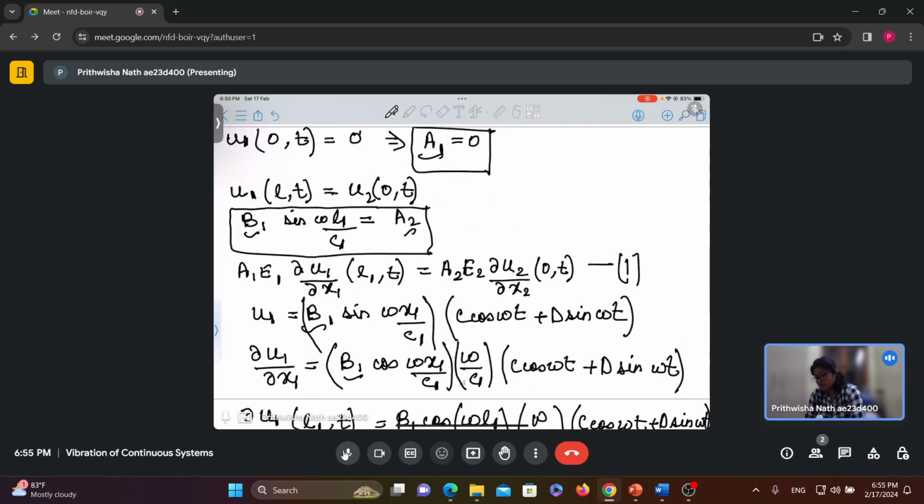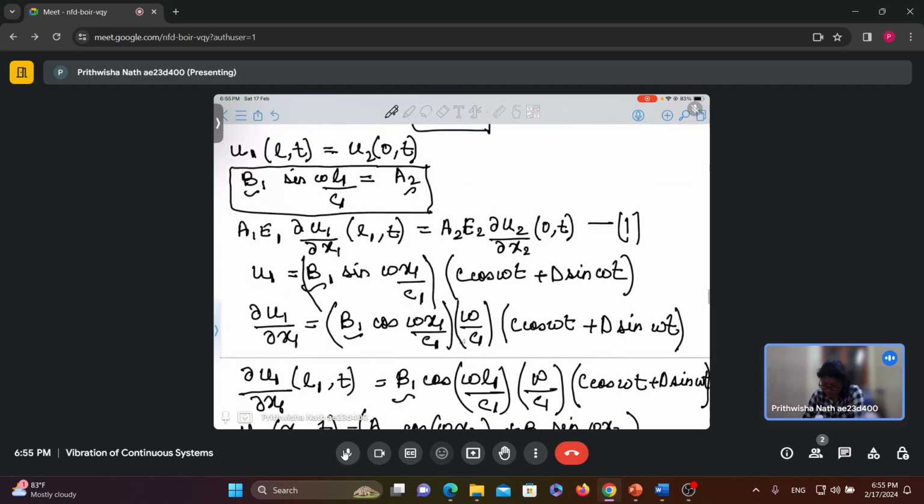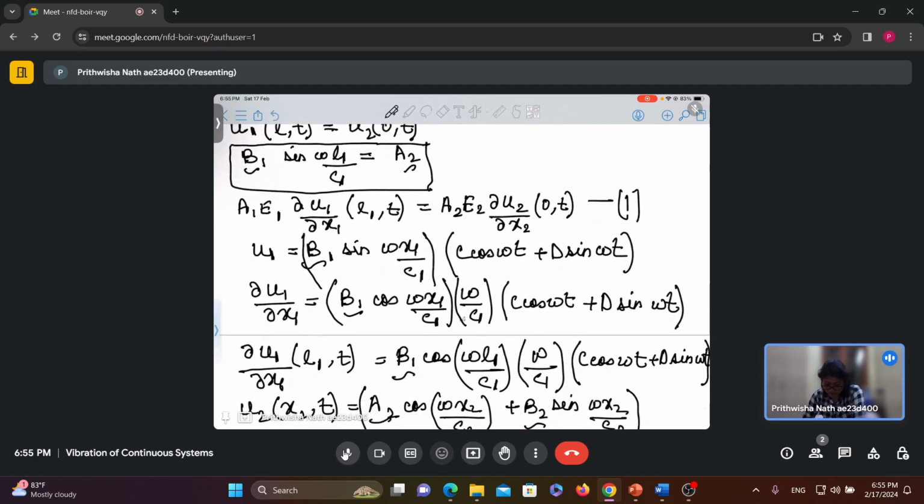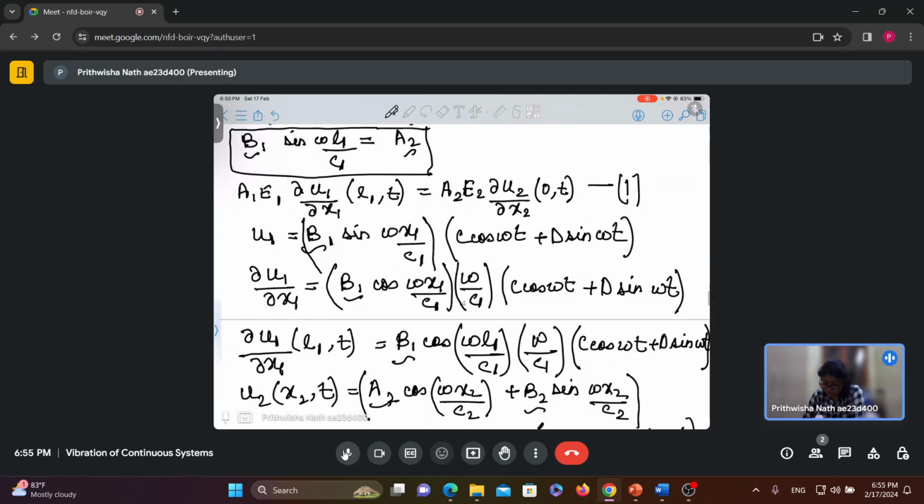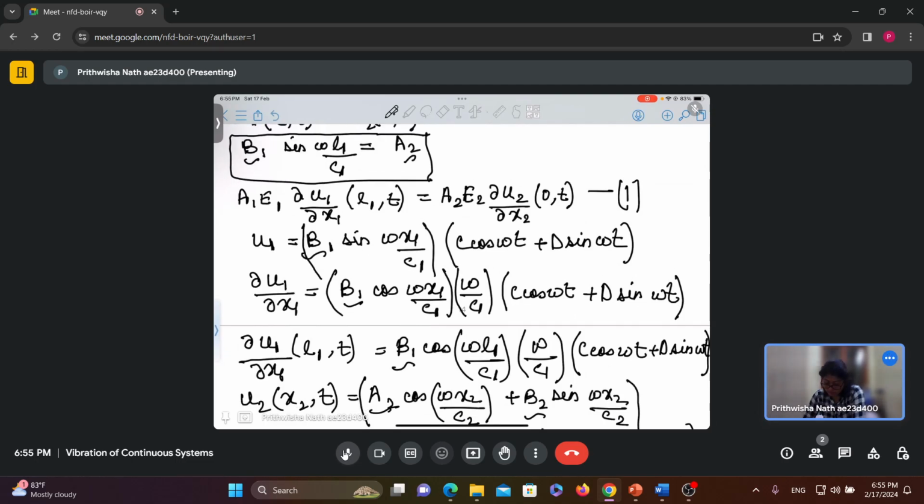Again, there is another condition: A1 E1 partial derivative of U1 with respect to x1 is equal to A2 E2 partial derivative of U2 with respect to x2. So I found the expression for the partial derivative of U1 with respect to x1.